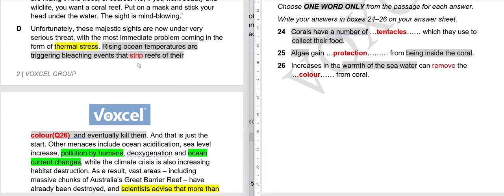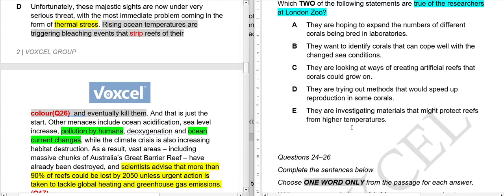For remove, they have written strip. So strip reefs of something can remove the dash from coral. So color will be your answer. So this has been done.